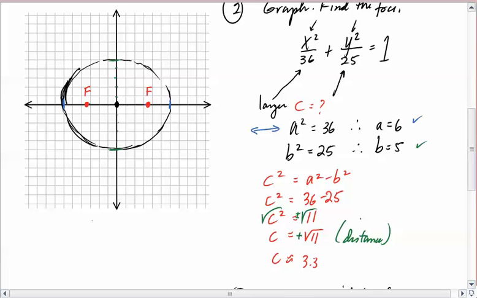Okay, so now we've actually plotted the foci, but it says find them. And what I want to do is give the location of the foci in an exact form. So let's take a look. I don't want to say, okay, it's just 3.30. What I'm going to put is positive square root of 11, 0, right?